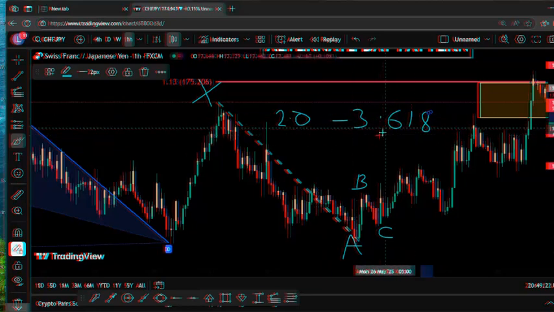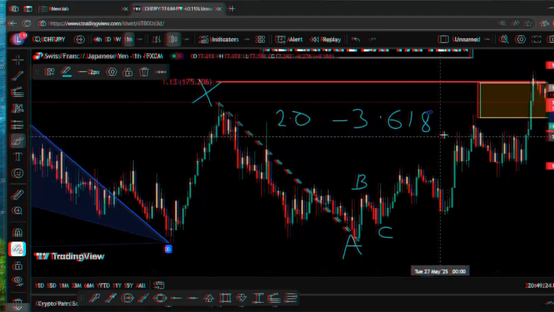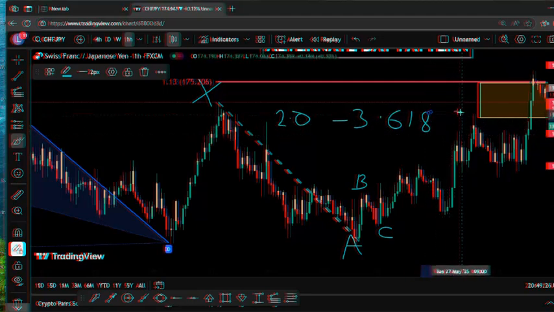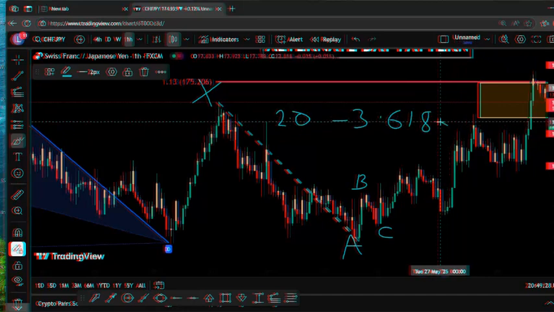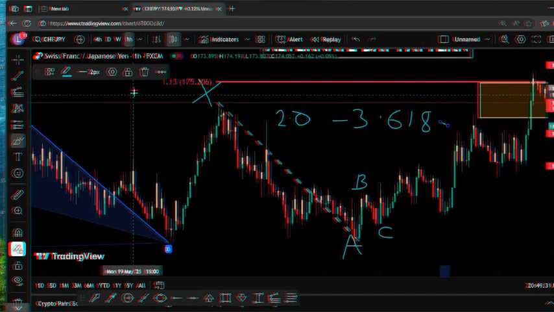These are the numbers that we're looking for. The number that is closest to your D is the number that you choose.